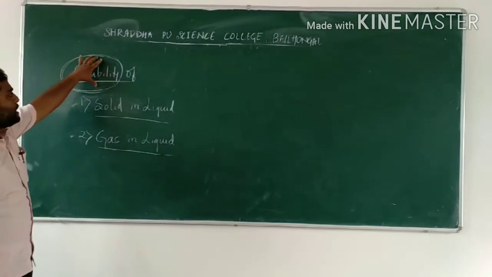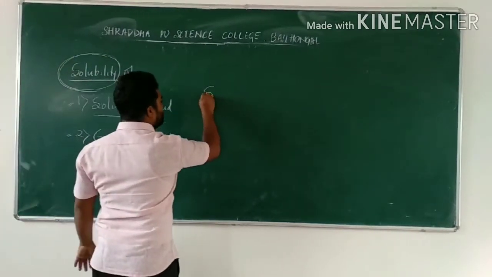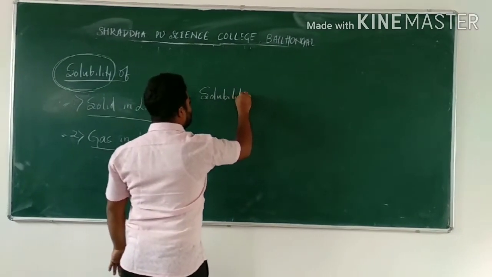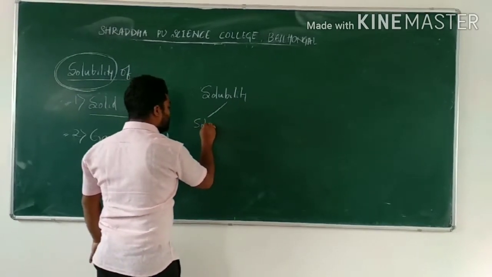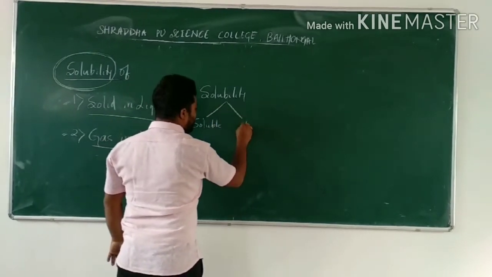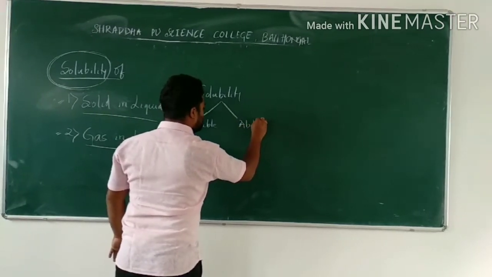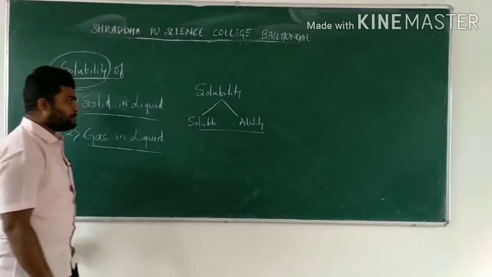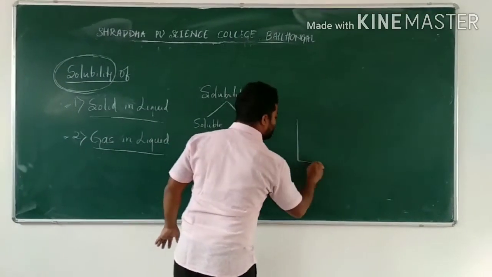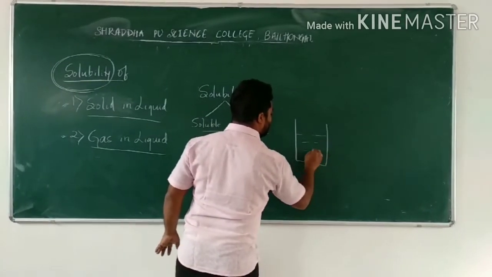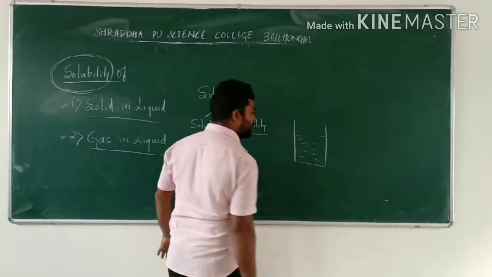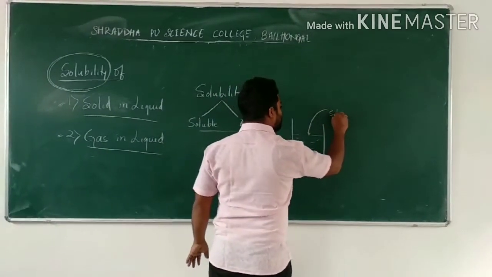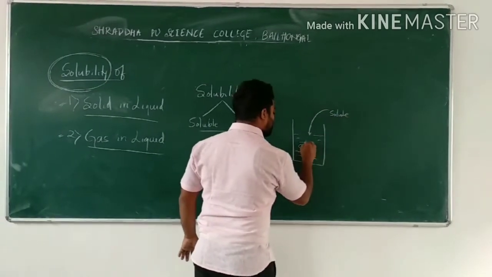So first, I just split this word solubility into two parts: soluble, then ability. By this brief splitting you can understand the meaning. Suppose there exists any kind of solvent, whether organic or inorganic, and I am adding some solute, and this is purely a solvent.